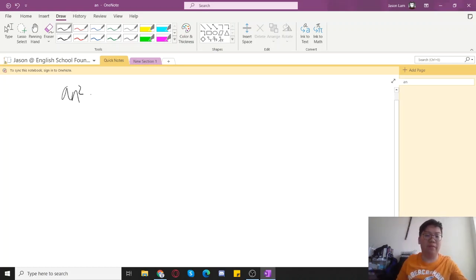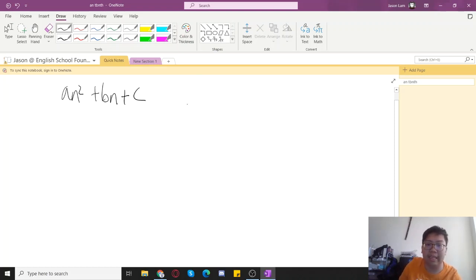So if it was the first one, n would be equal to 1. That's the general formula for a quadratic sequence, if you prefer it that way.